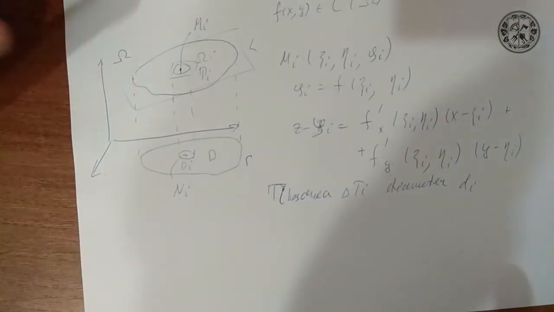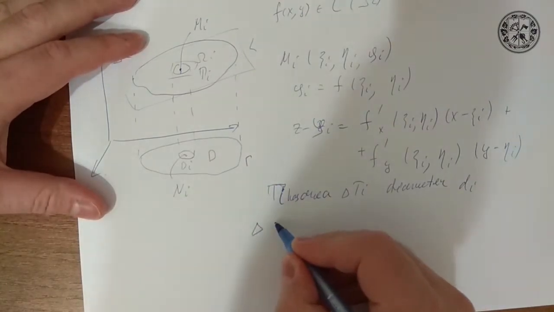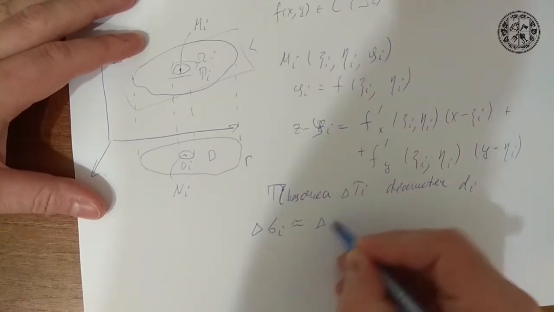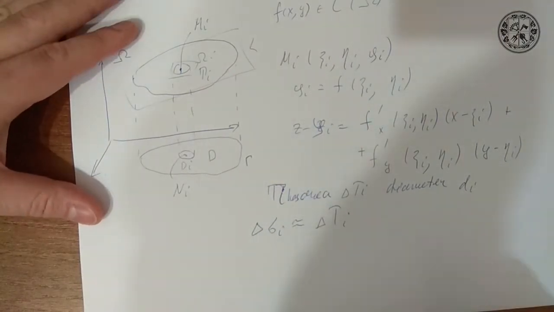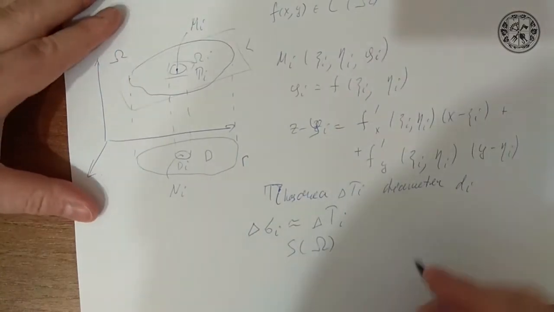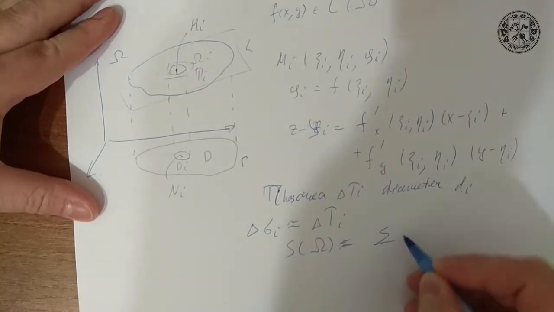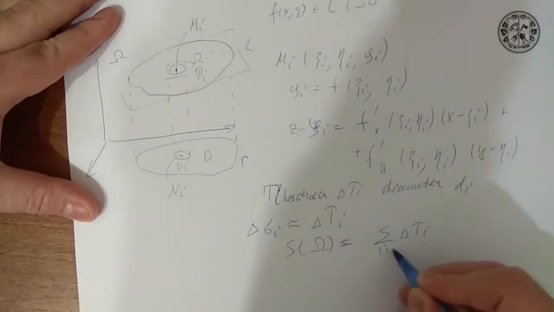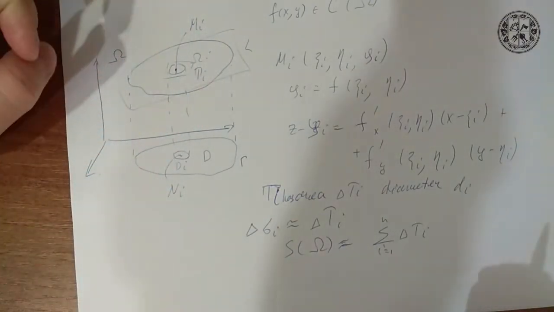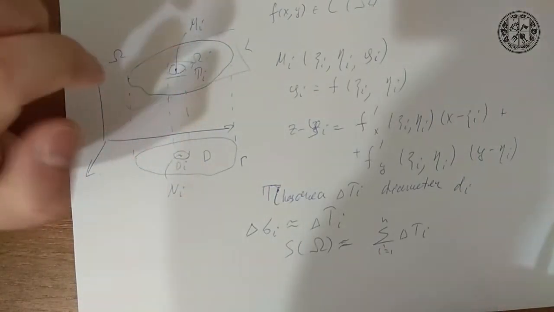If we have a smooth surface, we can presume that delta sigma i is approximately delta T i, and the area of this surface is approximately again the sum of delta T i. So we approximate this surface by planes, by pieces of planes.